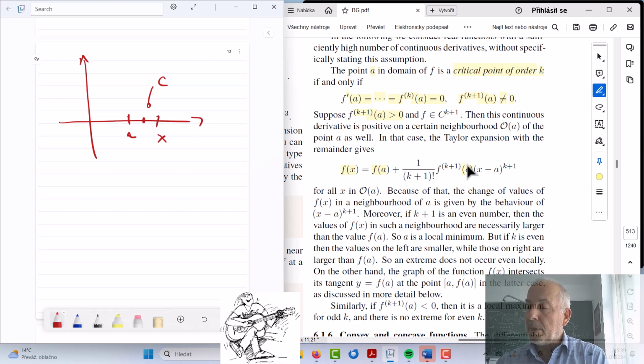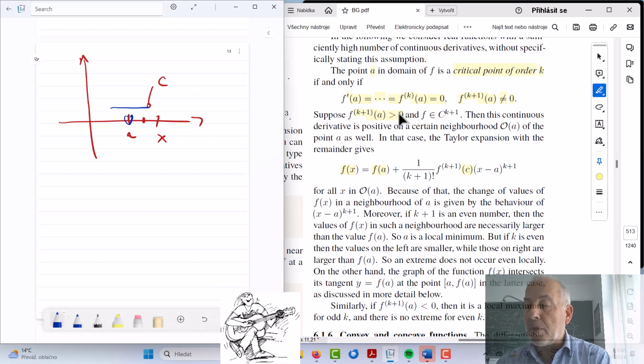We know that there is a c somewhere between a and x, giving us this. But because we expect that the k plus first derivative is continuous and it was bigger than 0 at a, then it must also be bigger than 0 on some reasonably small neighborhood.